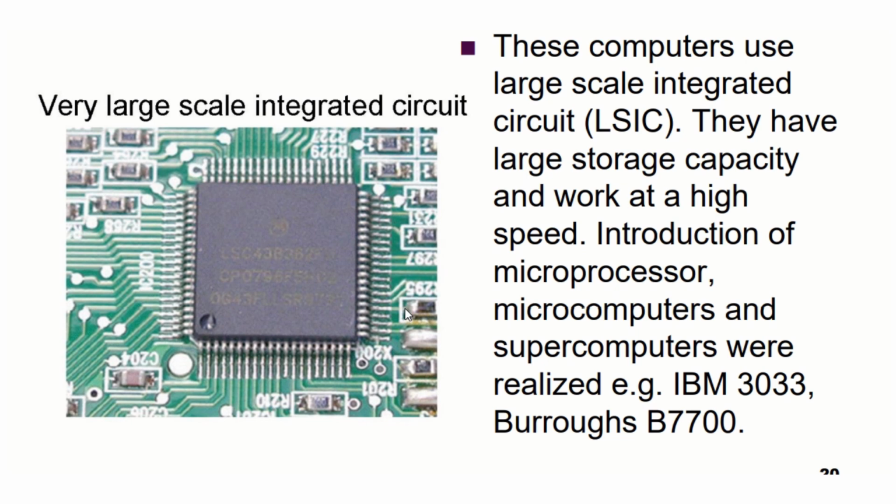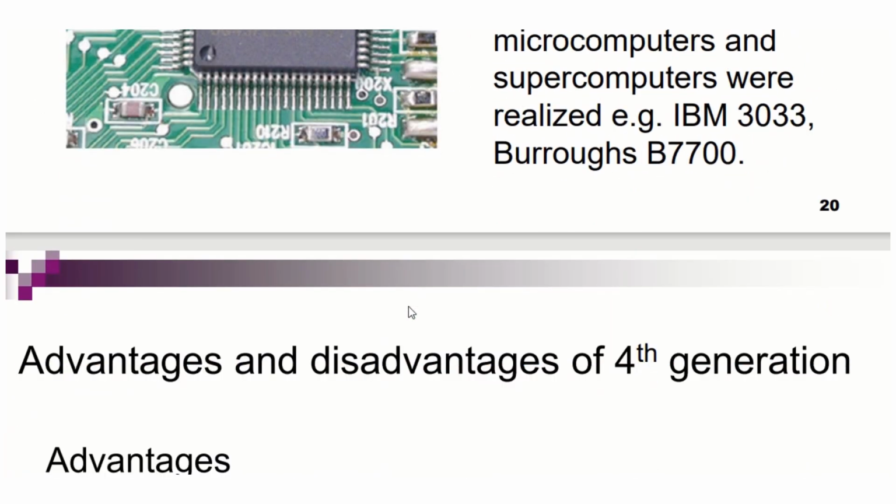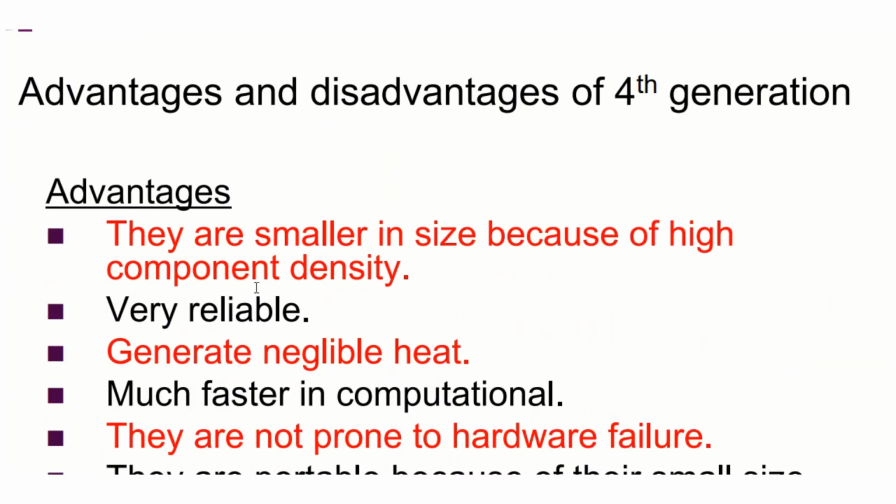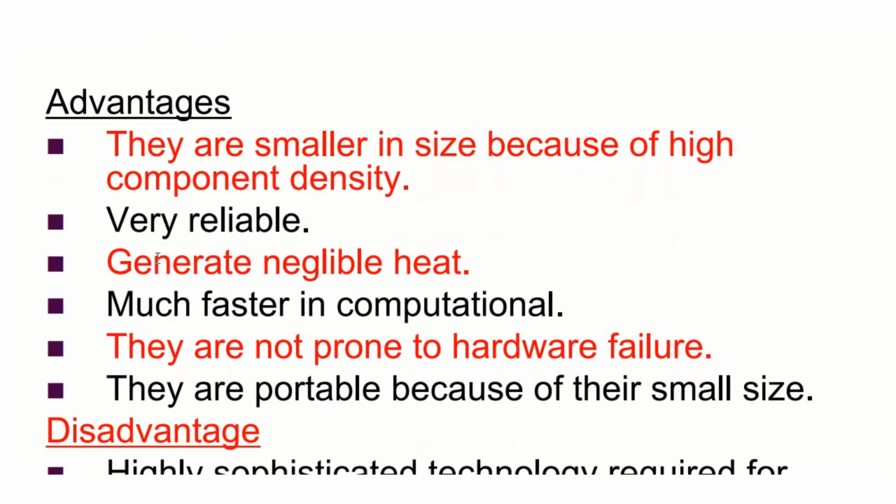Examples of the fourth generation computer are the IBM 3033 and the Burroughs B7700. The advantages of the fourth generation computer: they are smaller in size because of high component density, and they were very reliable.